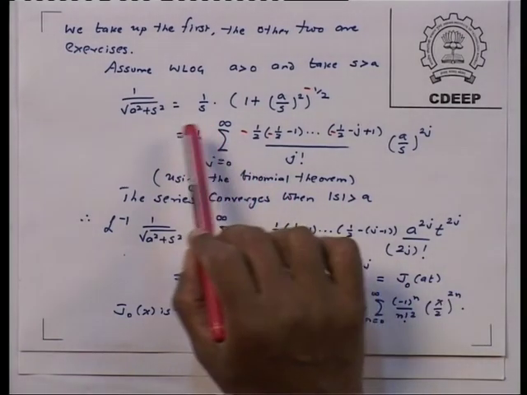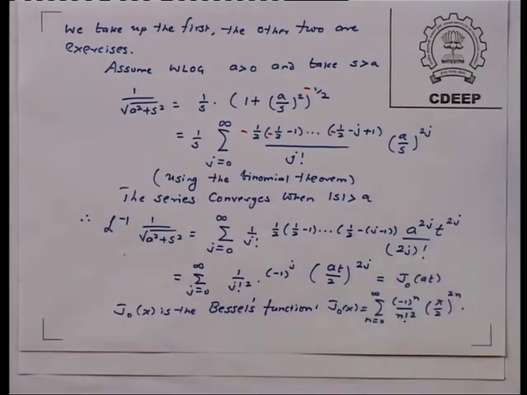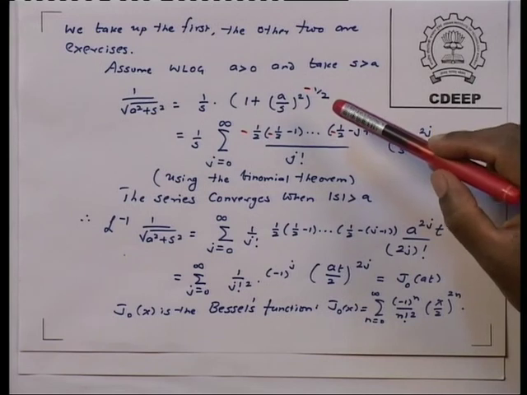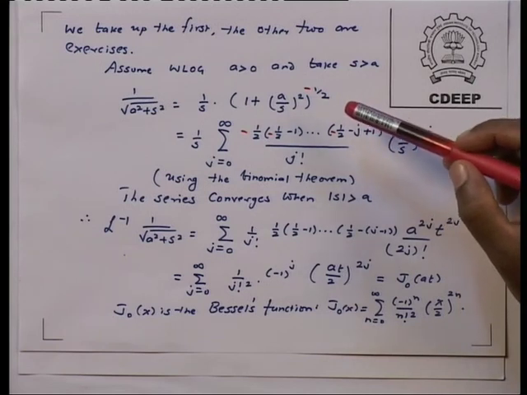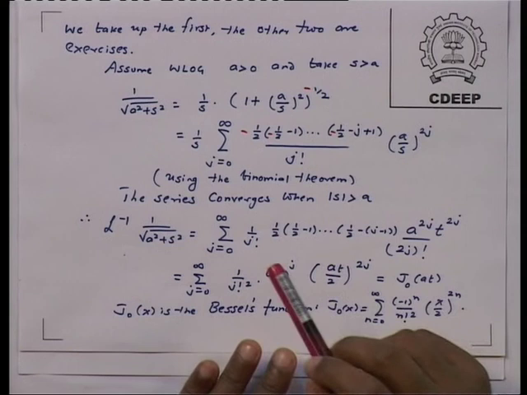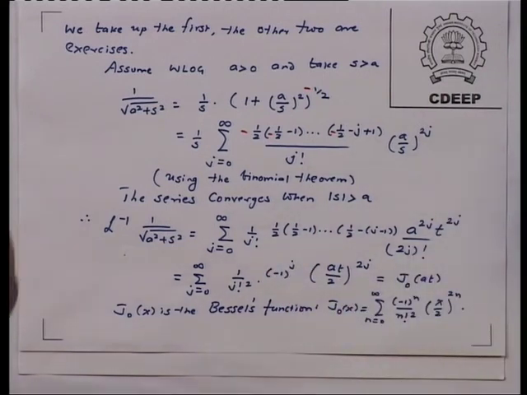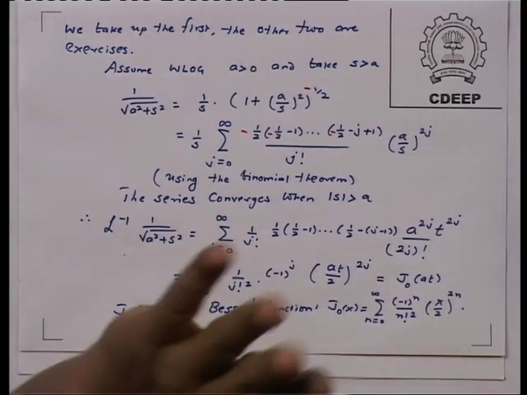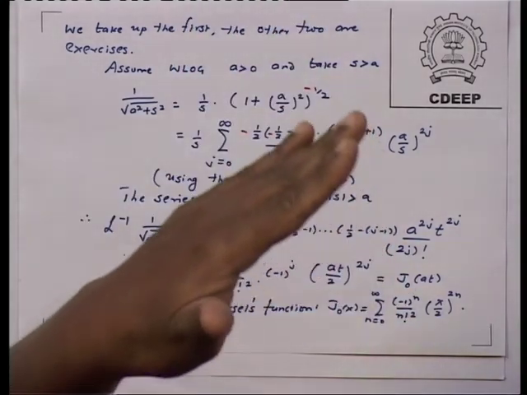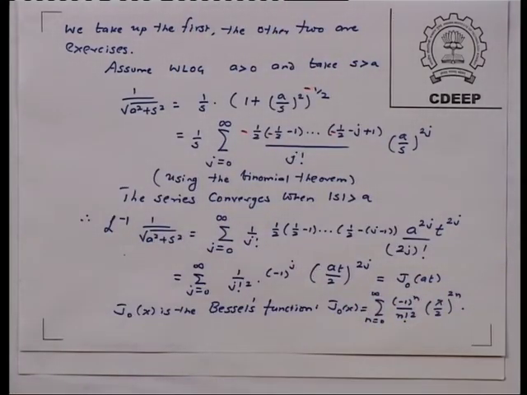So, is it clear that the function in question is 1 over s into 1 plus a by s the whole square to the power minus half? Am I right that I made a mistake in the exponent? All right. Then what does the binomial theorem say? 1 plus x to the power alpha is 1 plus alpha x plus alpha into alpha minus 1 upon 2 factorial x squared plus etc. So, your alpha is minus half, correct.